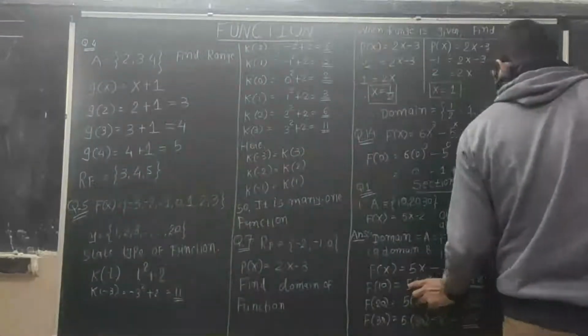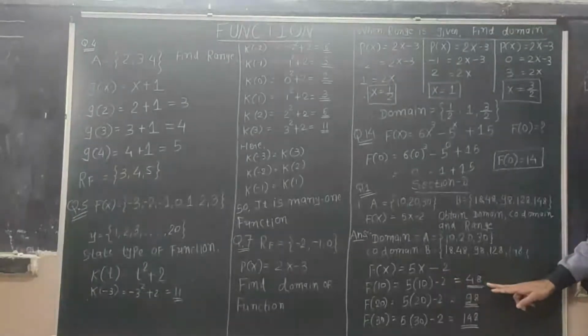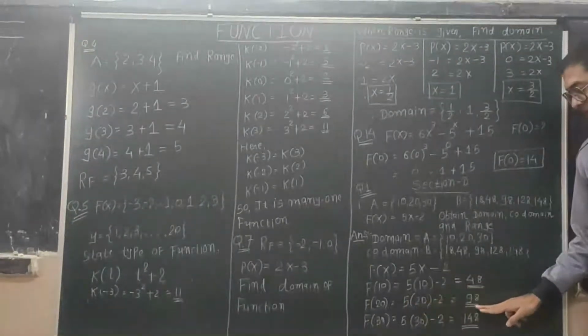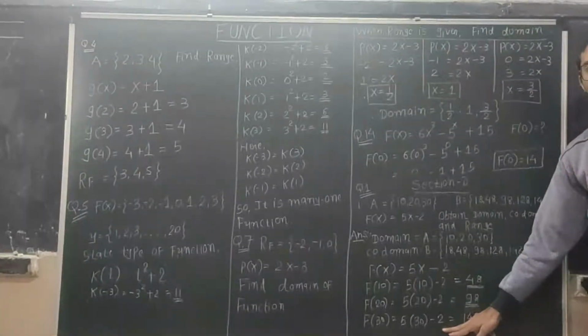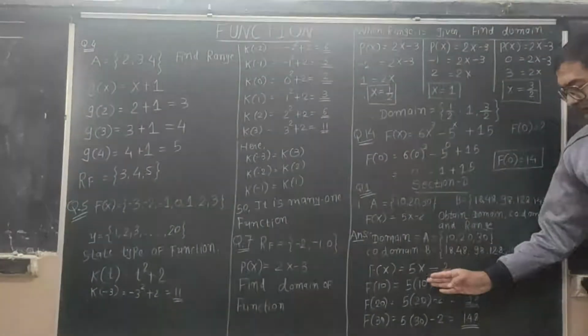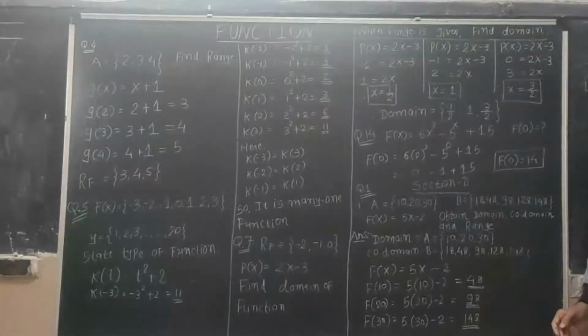Now if I solve this, 5 into 10, 50 minus 2, 48. 5 into 20, 100 minus 2, 98. And 5 into 30, 150 minus 2, 148. So these are the three values of the domain and these three values are of the range.